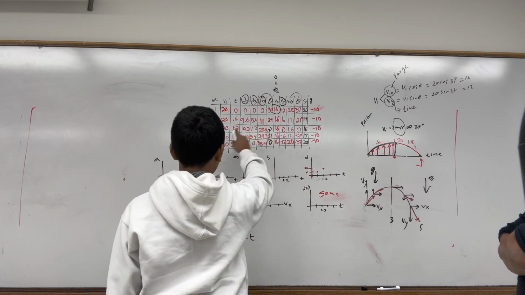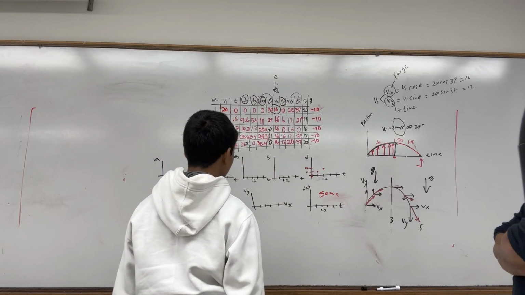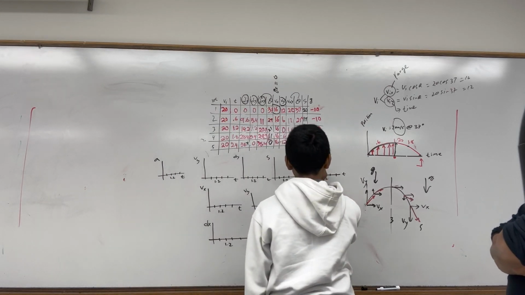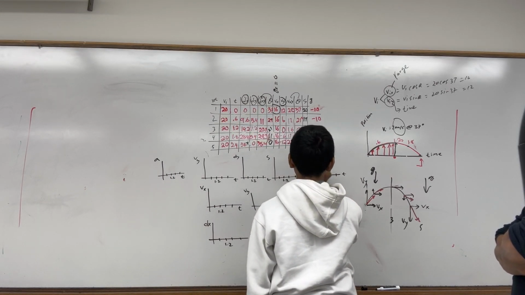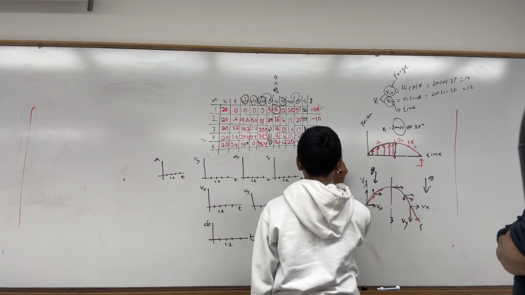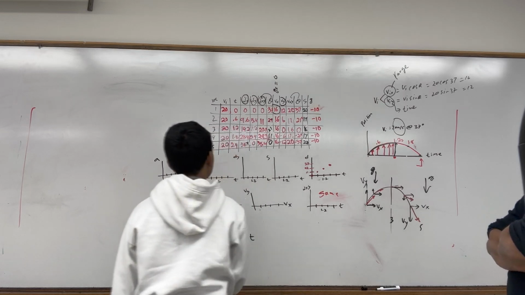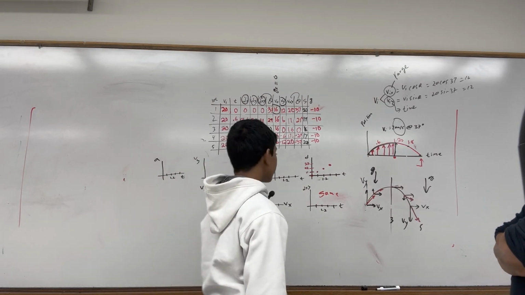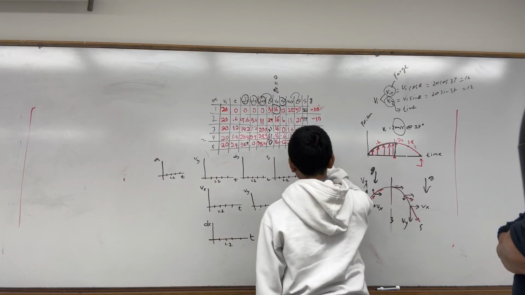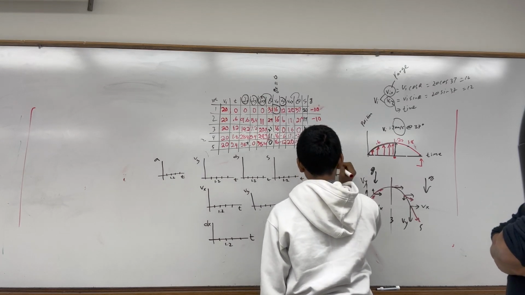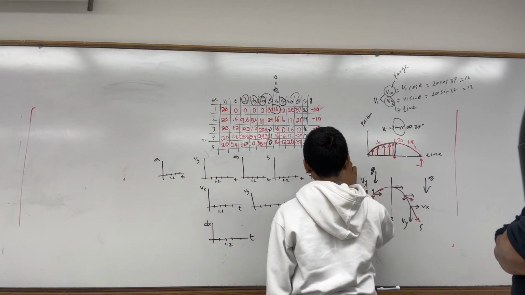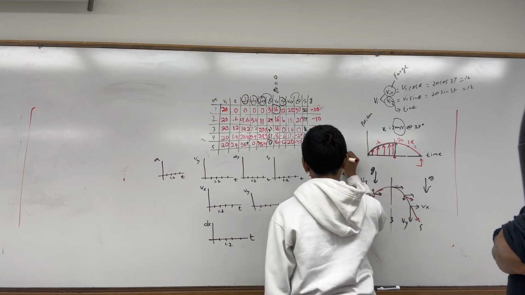For 1.8, we get 29.3, which means it's almost halfway between 22 and 33. I know that's not fully accurate, that's fine. And at 2.4, we get that it's around 38.4, which means it drops off even more around here.